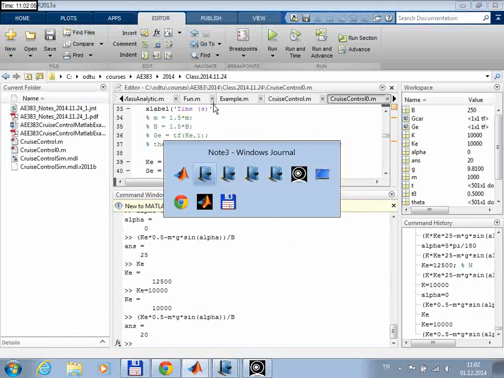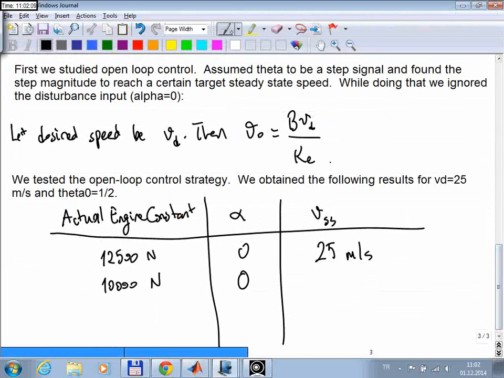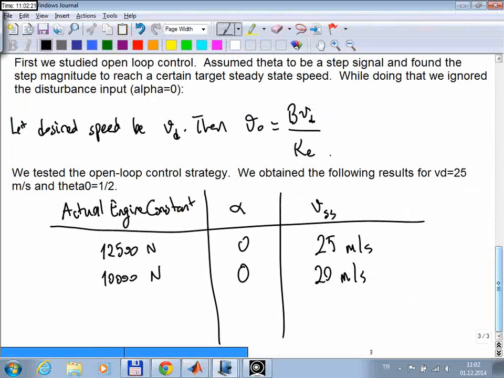And the final steady speed of the car turns out to be 20 meters per second. So obviously we lost a lot of performance. We were expecting to drive at 25, now instead we're driving at 20, so that's obviously a bad thing.